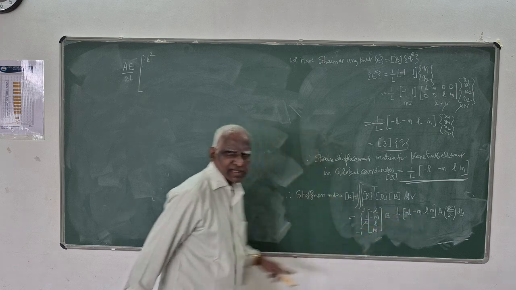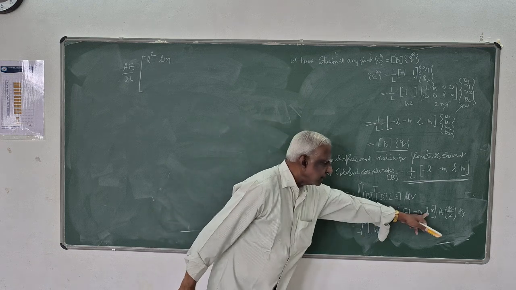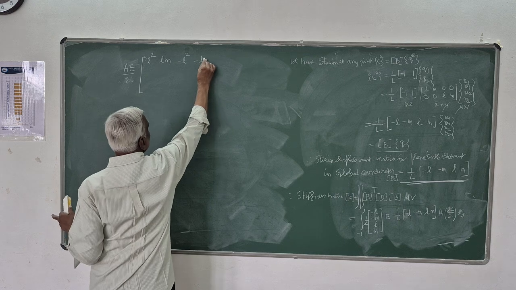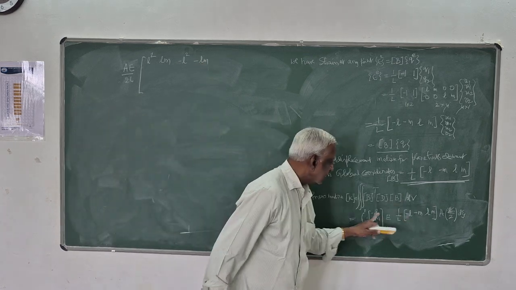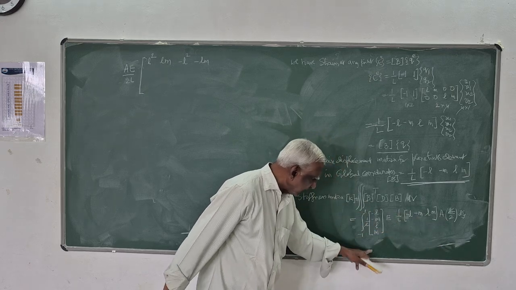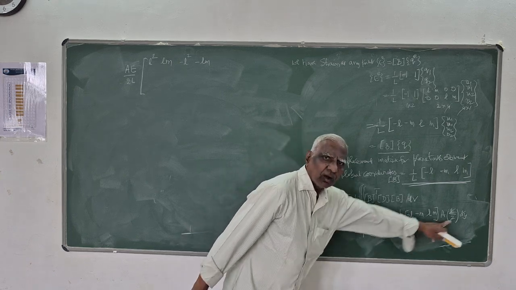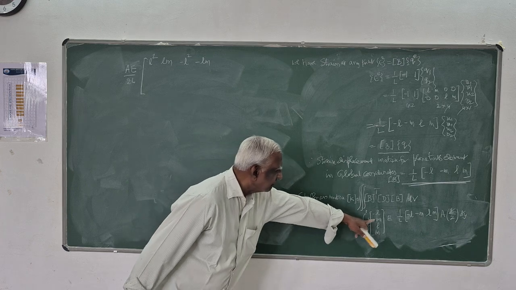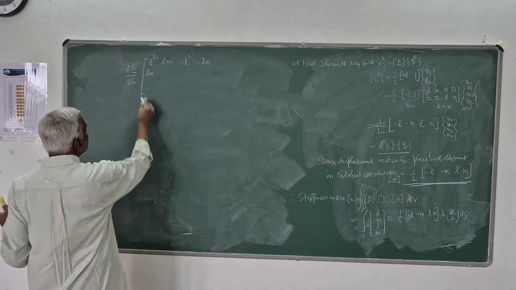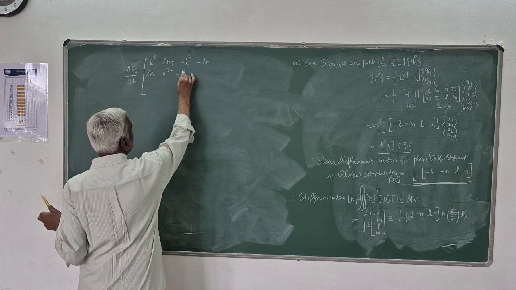Minus L into minus M, Lm. Minus L into L, minus L square, and minus Lm. By multiplying the first element of the first row with all of this vector, then again second you will get Lm, then M square, then minus Lm.